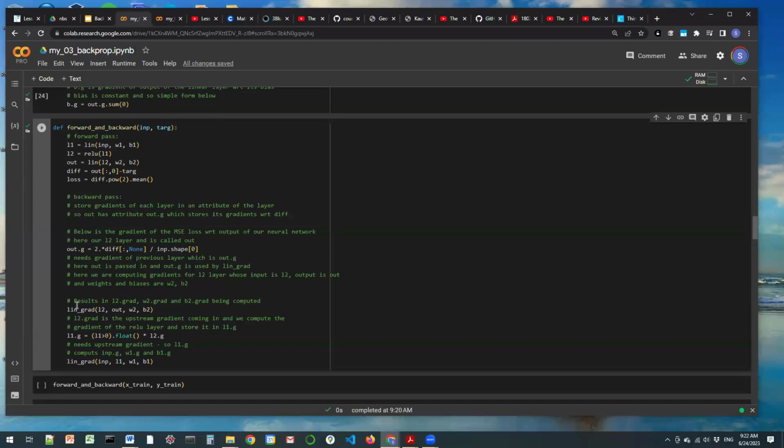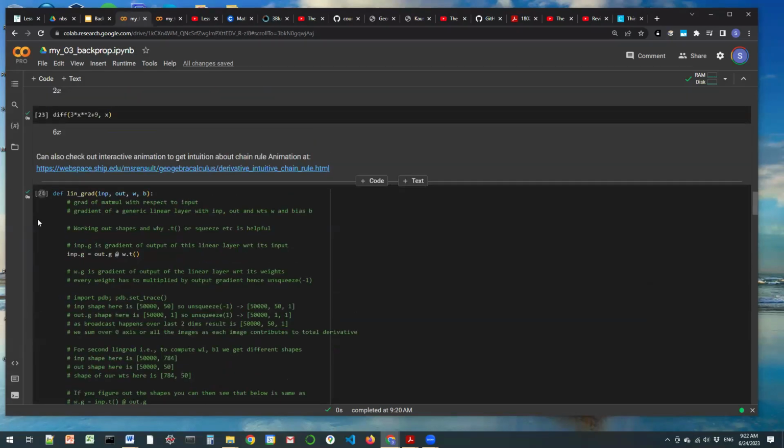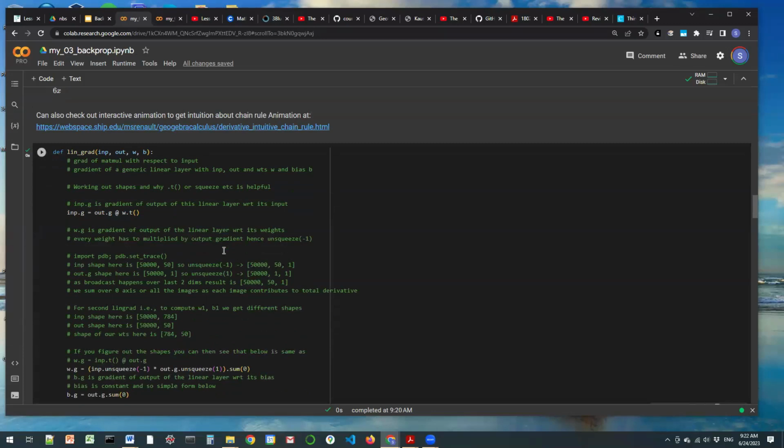Then this linear grad is there because we use the gradient of a linear layer twice. Remember, we have to do that for the L2, and we also have to do it for L1. So because of that, we code the details of taking the linear grad in a separate function.